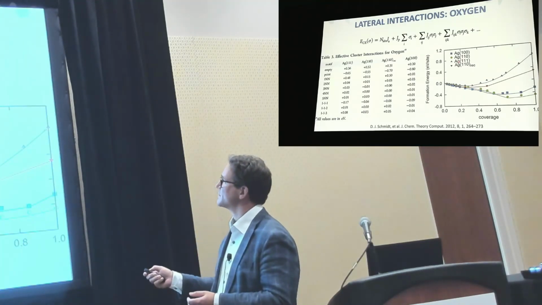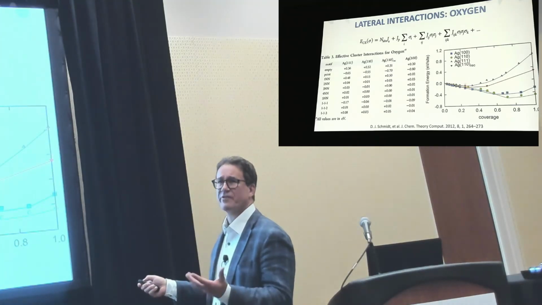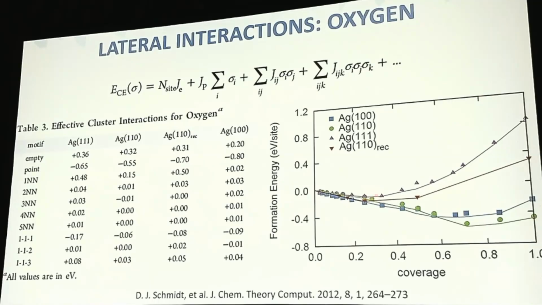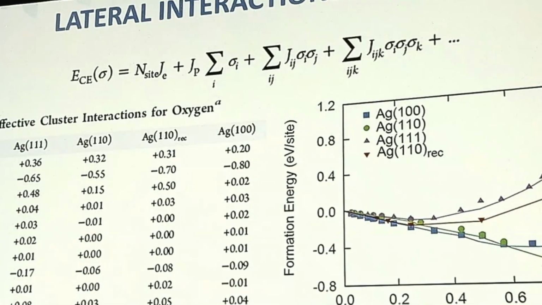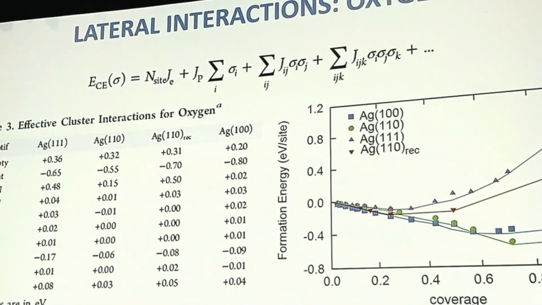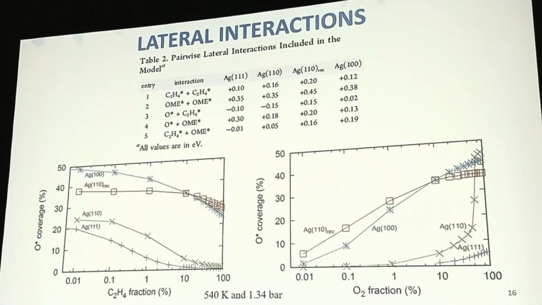So for instance, the 111 surface will have low coverage of oxygen, that's the favorable coverage. But then on the more open surface, you will have quite a number of oxygen on that surface. So just looking at that cluster expansion, you can immediately know what is going on at the surface. And of course, there are other species, so we also included the lateral interaction of all of those species.